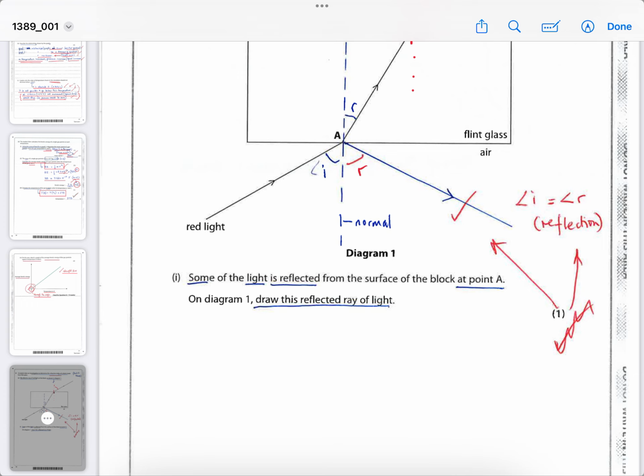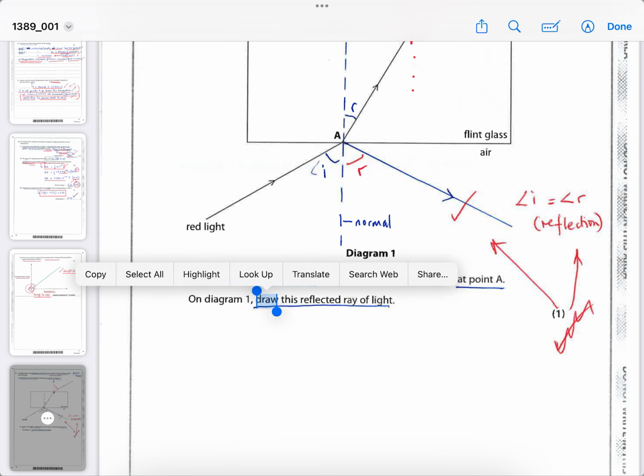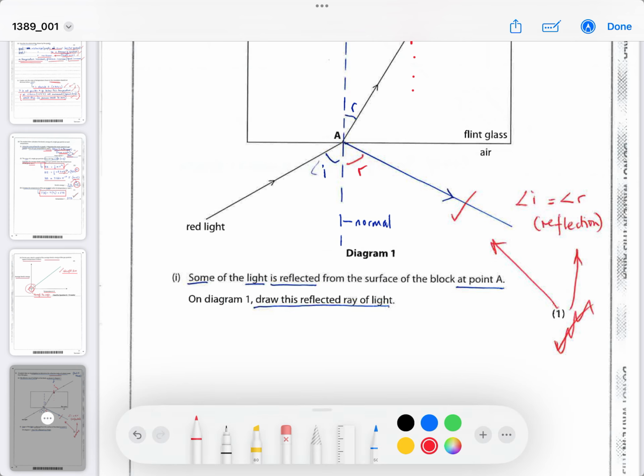Some of the light, it's saying, is reflected at A from the surface. So not all of the light gets through into the glass. Some of it will be reflected, and you need to draw this reflected ray of light. All they want you to show is that you know the law of reflection: the angle of incidence, the angle it hits the glass at, will be equal to the angle of reflection.